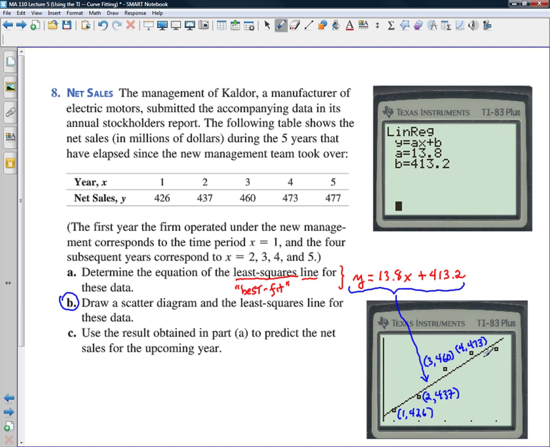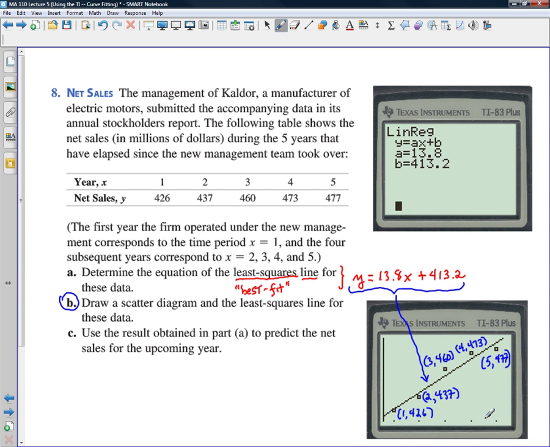And this final one is at 5, 477. Notice how none of the points is exactly on the line, but the line fits or averages it out. It fits the data as best as we can. So that was part B.